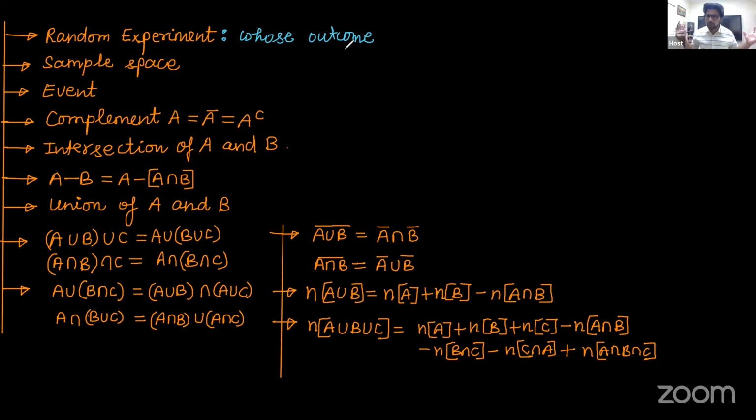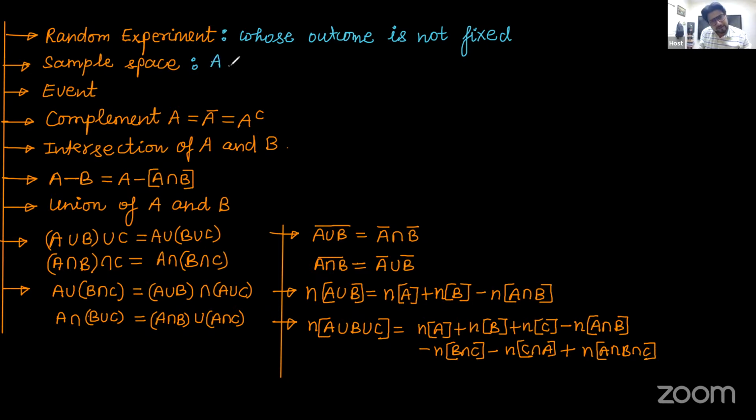Okay, so then you look around and you will find we are surrounded by randomness. There is so much randomness around us. We don't know with definiteness what is happening. So something whose outcome is not fixed becomes a random experiment. And sample space is nothing but the collection of all possible outcomes.